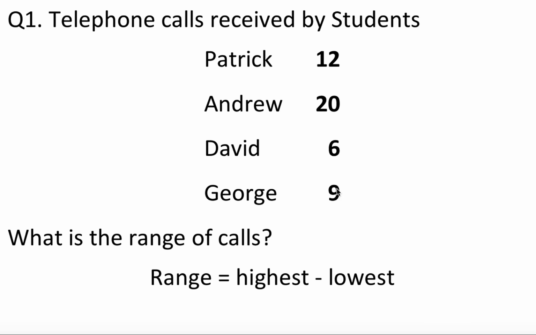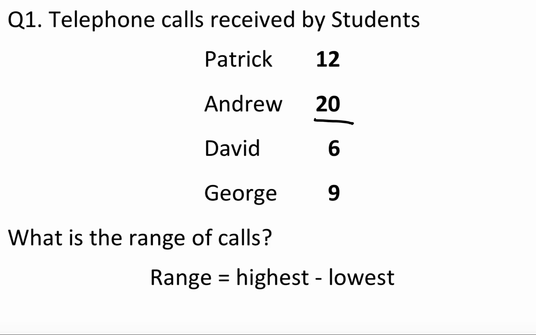So basically, to find the range, you need to find out who got the highest and take away the lowest, and that will give you the range of calls. So if we look at it, we can see Andrew, he had 20 calls.